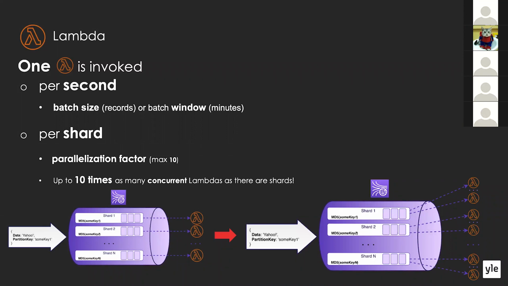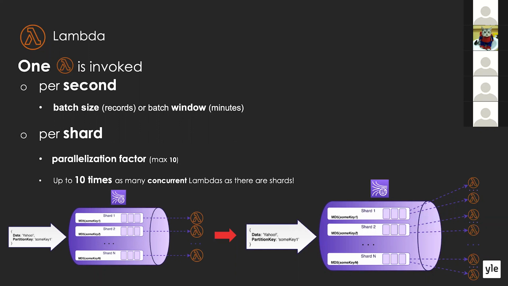If you need to increase the processing speed of your stream, you can throw up to 10 Lambda functions at every shard of your stream. So you will have up to 10 Lambda functions reading from the same shard, and thus your processing speed will increase. And it will also mean that you will have up to 10 times as many concurrent Lambda executions as you have shards in the stream.